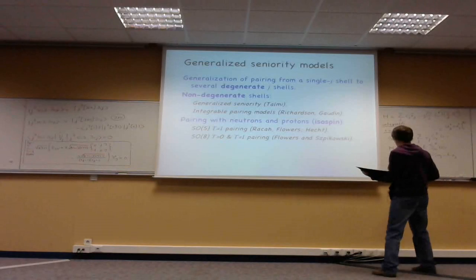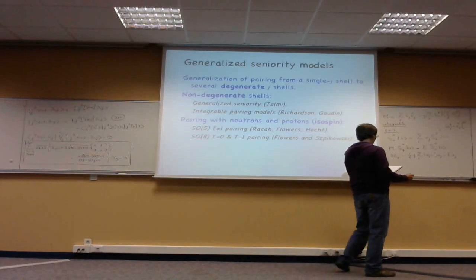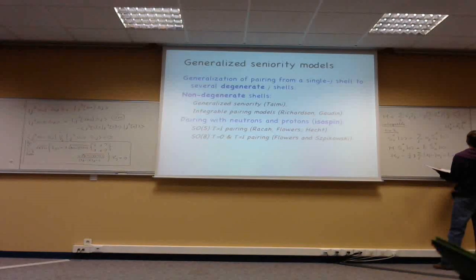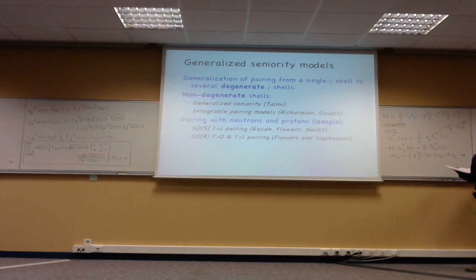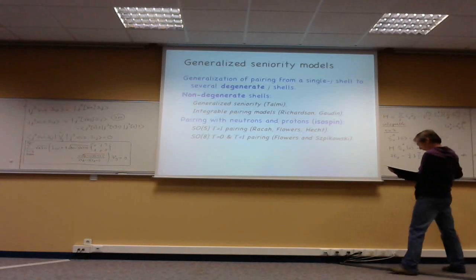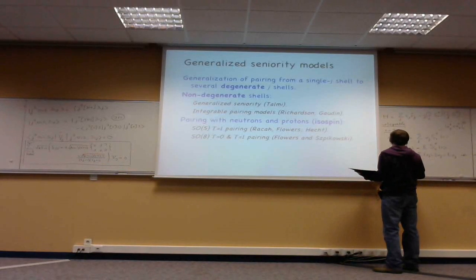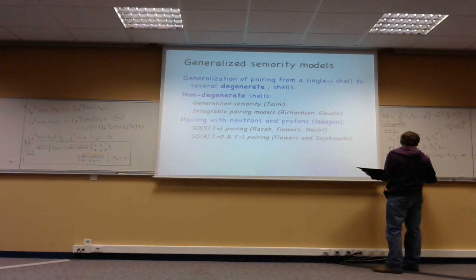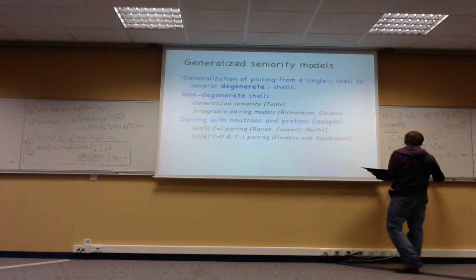Alpha j is proportional to, I can just forget g, 1 over 2 epsilon j minus e. Then you put it back in and you get an equation which looks like sum over j, with 2 epsilon j minus e, equals 1 over g.